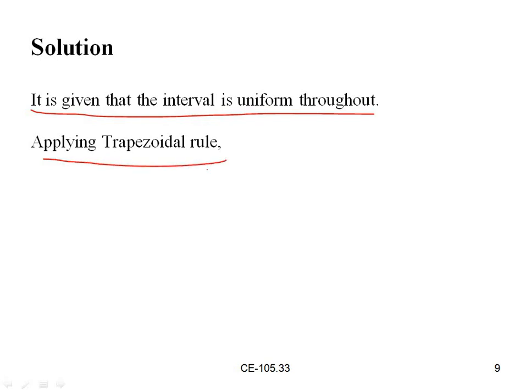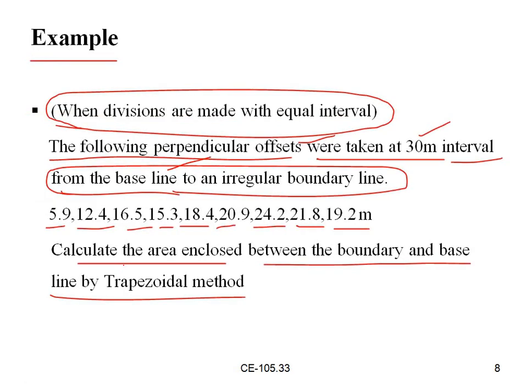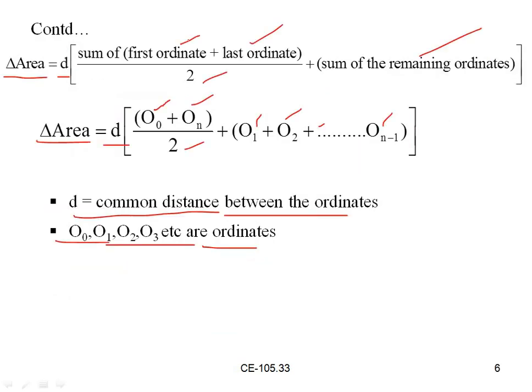So applying the trapezoidal rule, area is equal to d into (O0 plus On) by 2 plus the sum of the remaining ordinates.